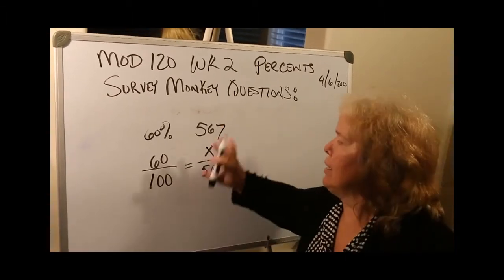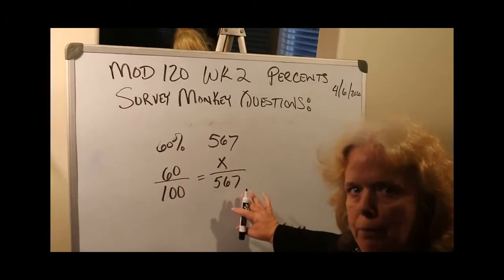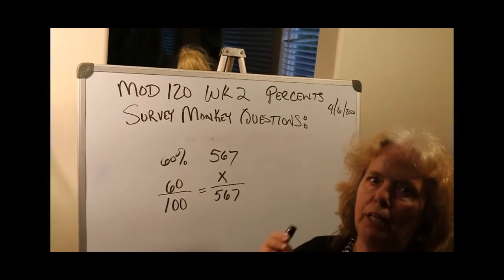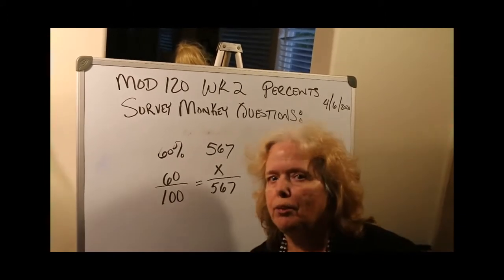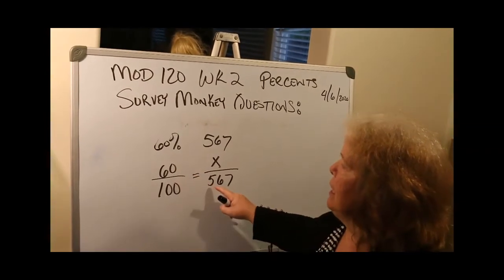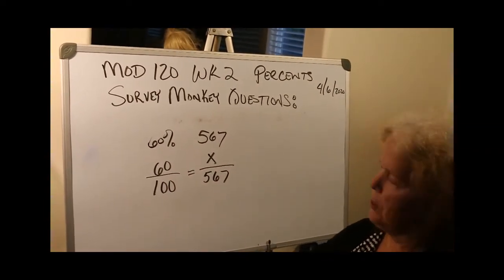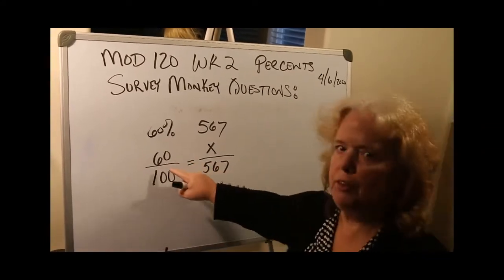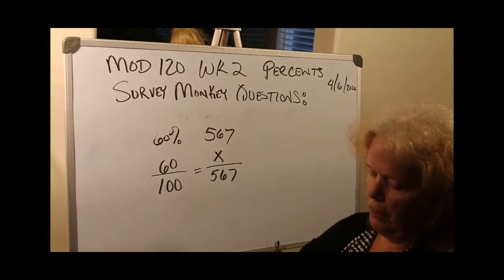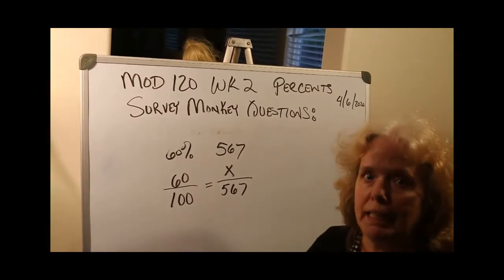So how do we calculate this? How do we find out what the answer is? Whenever you have this formula, there are 2 processes. You cross multiply whatever numbers cross each other. What 2 numbers cross each other? The 60 and the 567. So we multiply those together, 60 times 567, and then divide by the remaining number.